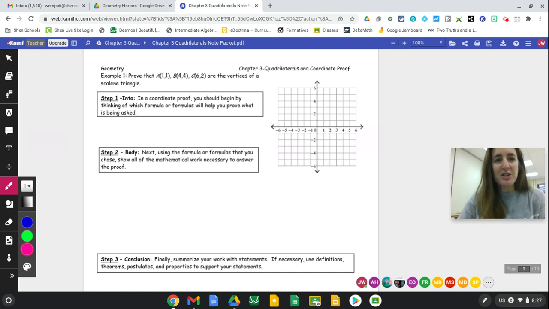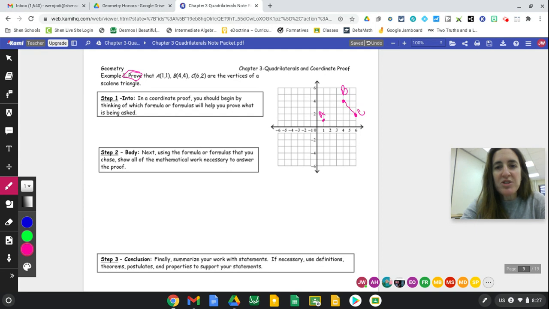Okay, so let's look at our first proof. It says prove, that's how we know it's a proof, that A is at 1, 1. So there's A. B is over at 4, 4. And then C is at 6, 2.